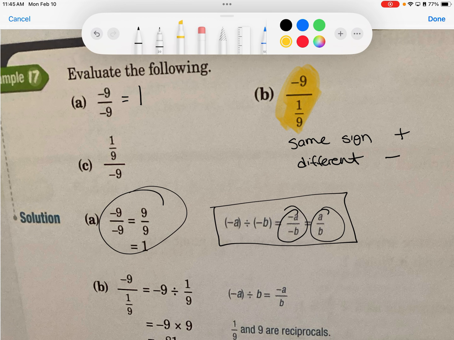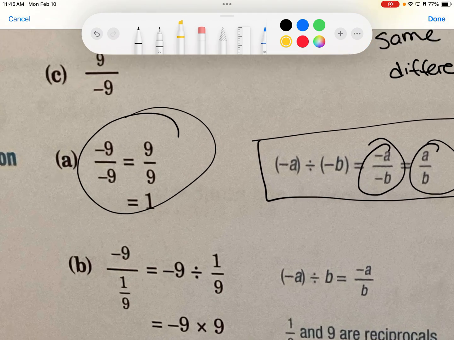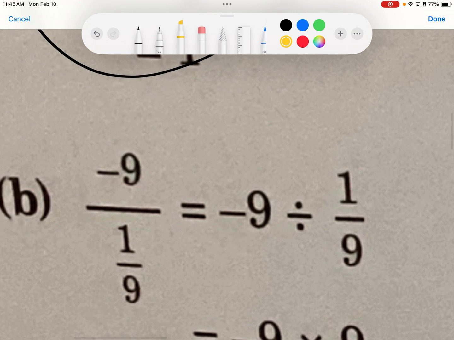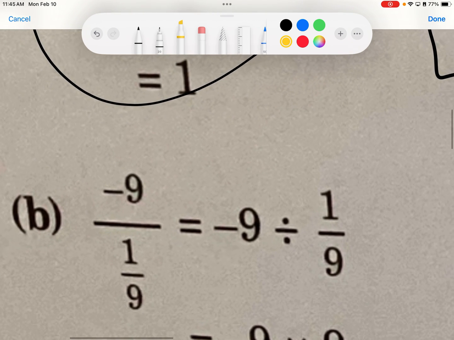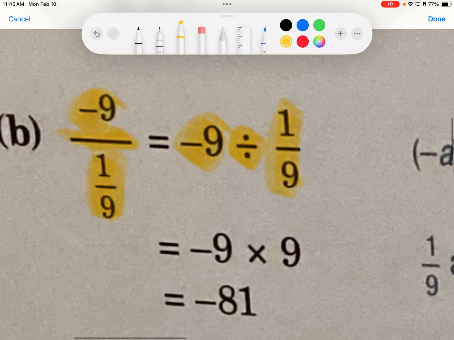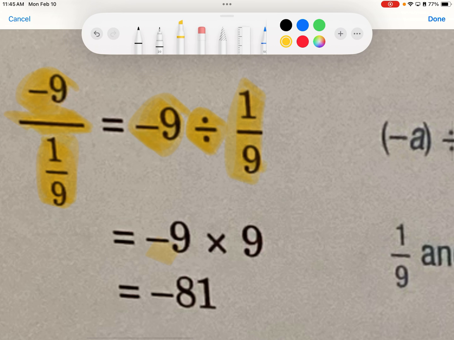But wait, since it's division, it's just -9 over 9, which is... Hang on. So we end up with -9 divided by 1/9. So then we end up with -9 times, notice we changed, so we're doing the reciprocal. -9 times 9 equals -81.